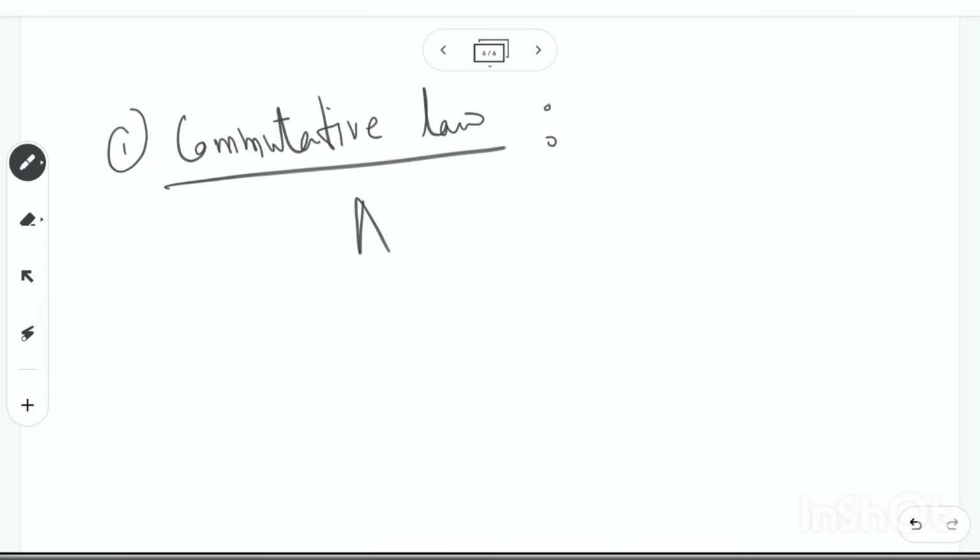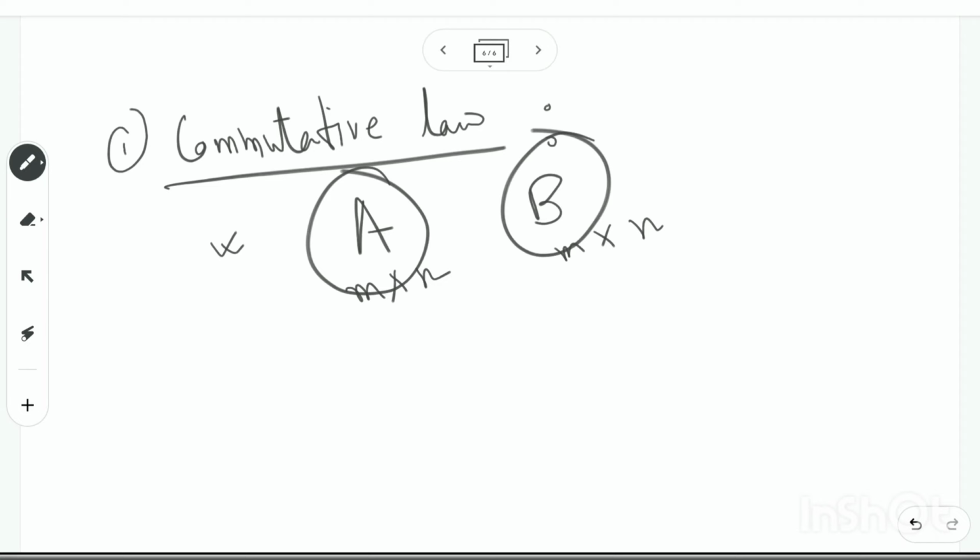Suppose A and B are two matrices of the same order. This is M cross N and this is also M cross N. They are two different matrices named A and B. Now if we add A plus B, we get a resultant matrix.